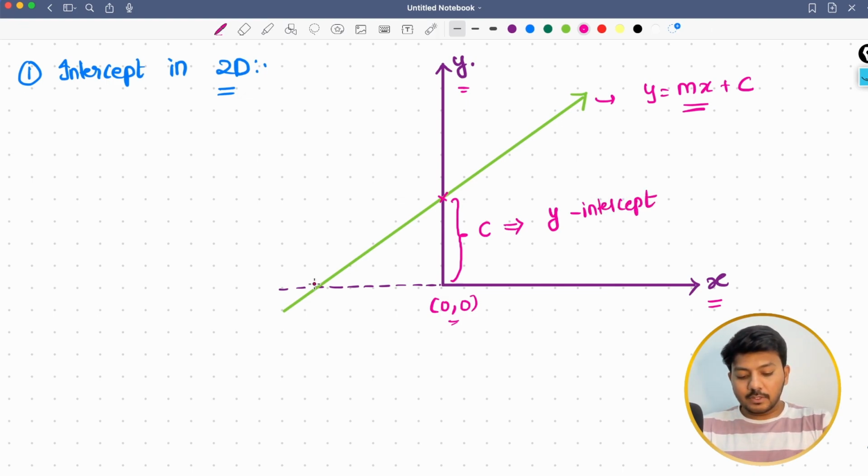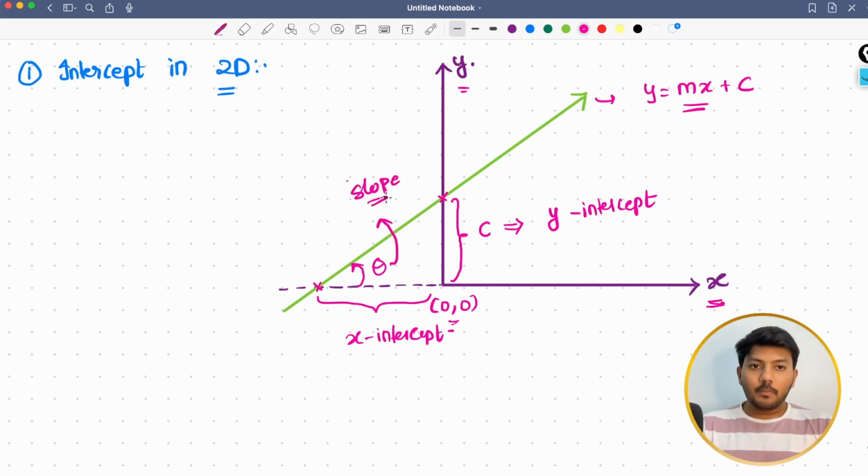We also have this point in which the line meets the x-axis, and the distance of that point from the origin is called the x-intercept. And if you look at this, I have an angle theta with my x-axis. This is called the slope of a line.